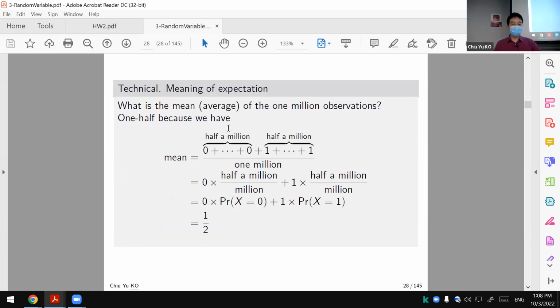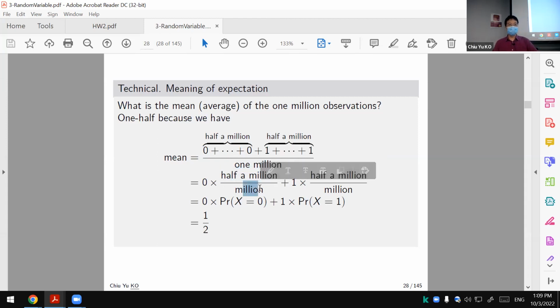This is data, and the data is 0 or 1. Then the mean is you add up 500,000 zeros and 500,000 ones, divided by n, the number of observations, which is 1 million. So it's 0 times 500,000 plus 1 times 500,000, over 1 million.